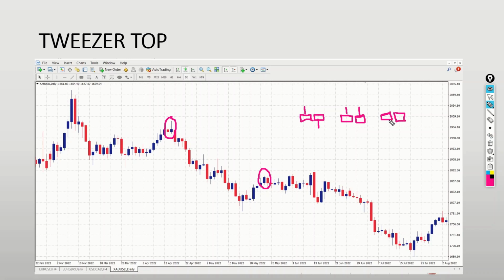Similar bodies, similar wicks also. As long as they happen in an uptrend, they all remain valid tweezer tops. The colors do not matter.